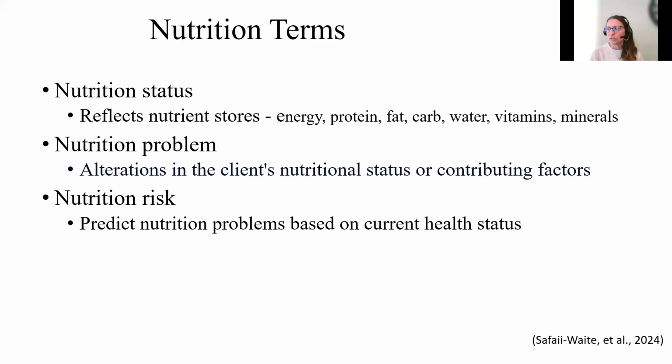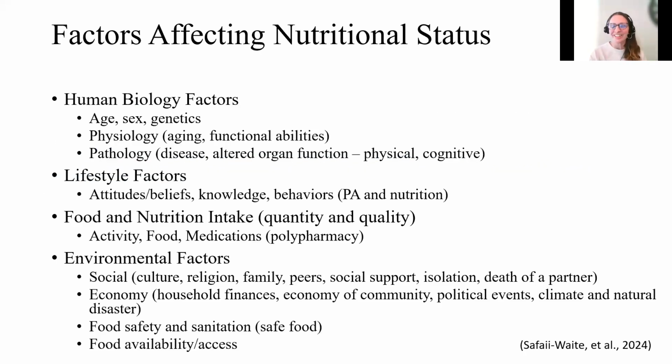And then nutrition risk is trying to predict the nutrition problems based on all of the current health status. There are so many internal and external factors that impact nutrition just in the healthy adult. And when adding to it chronic conditions and aging factors, there are a lot of factors that are going to be affecting nutrition status.